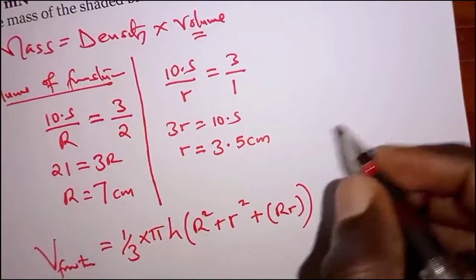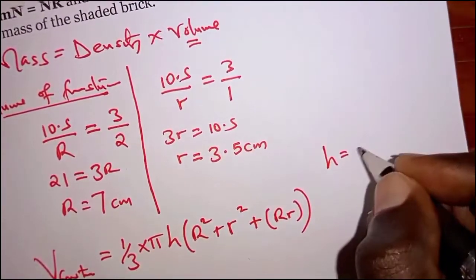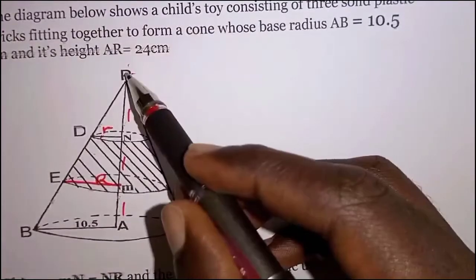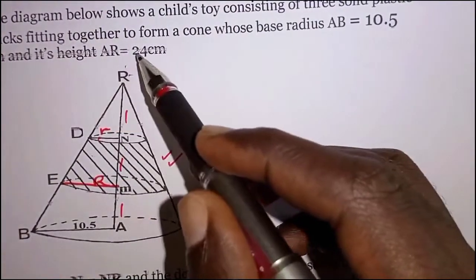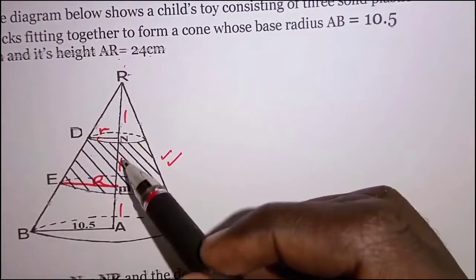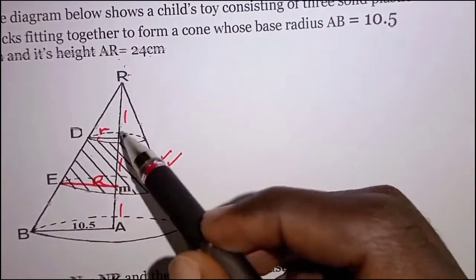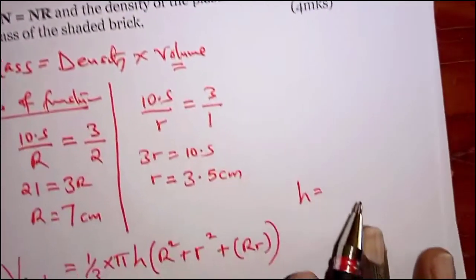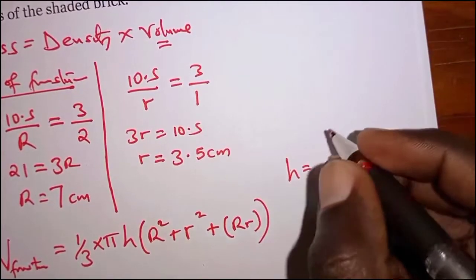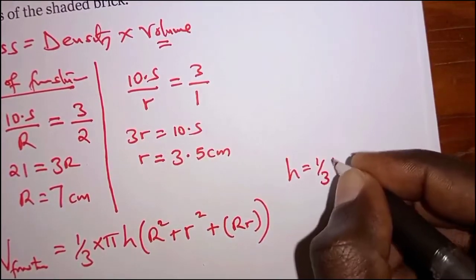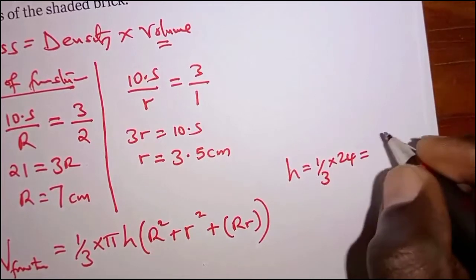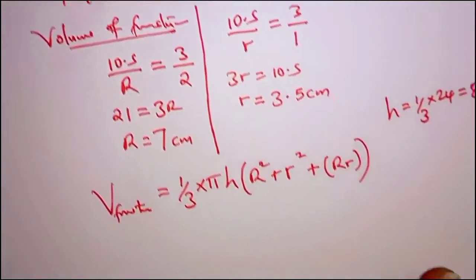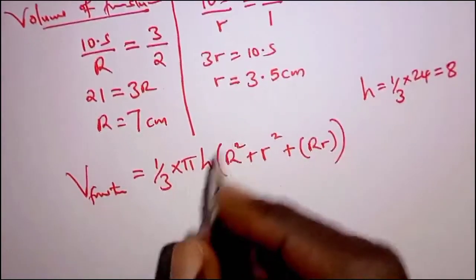Now let us note that the height of the frustum is just 1/3 of the total height. Remember the total height, here AR, you are given as 24, and we are only interested in MN. MN is just 1/3 of 24. So we are going to say the height of the frustum is 1/3 times 24, which is 8. So we can now proceed on to do our substitutions in this formula.